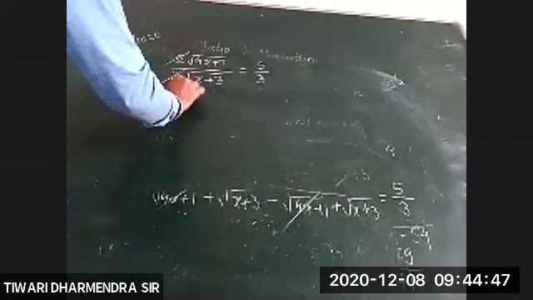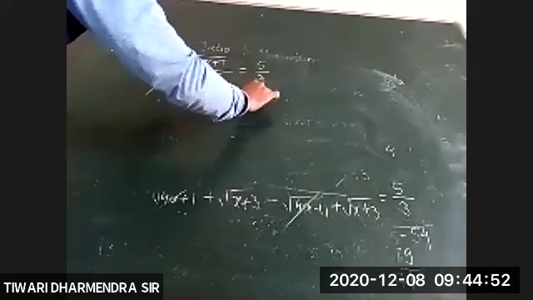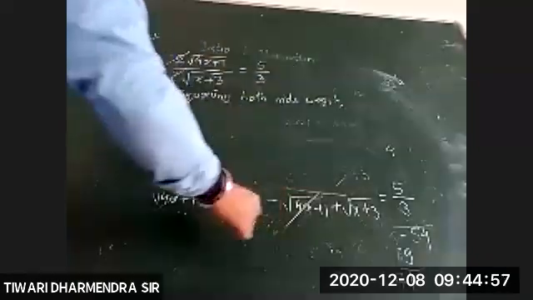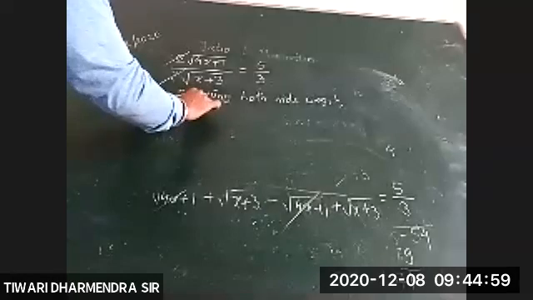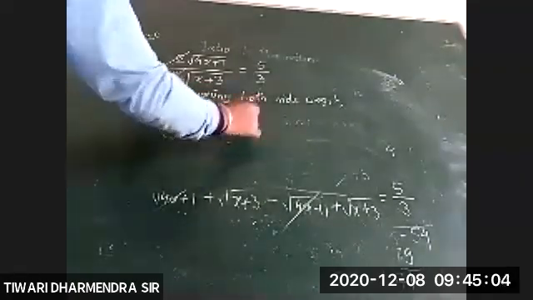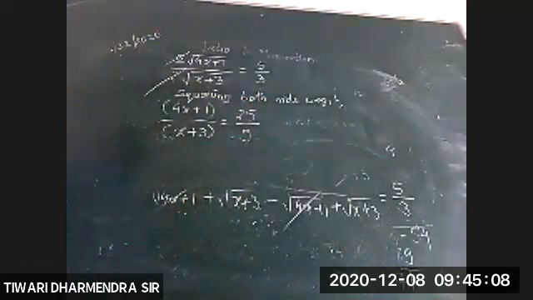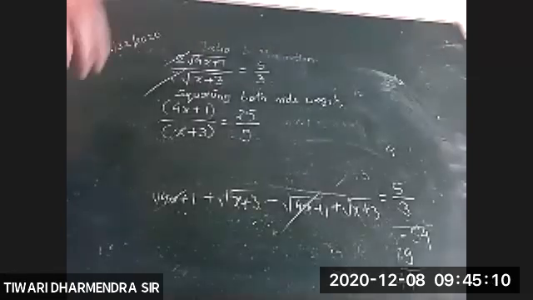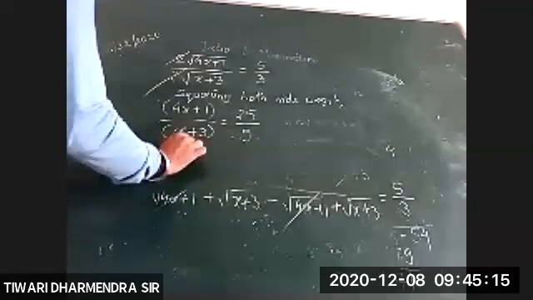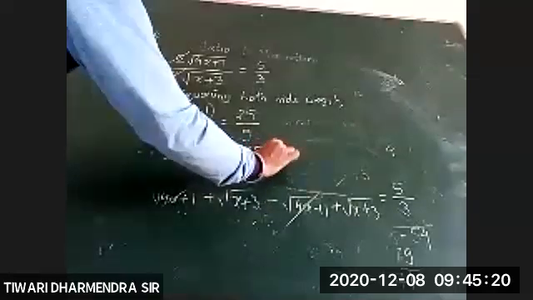So squaring both side, we get 4x plus 1 upon x plus 3 is equal to 5 square is 25 upon 3 square is 9. Our intention is to get the value of x. What we need to do? Let's do cross multiplication. 9 into 4x plus 1 is equal to 25 into x plus 3.